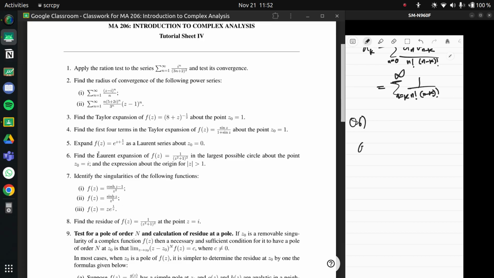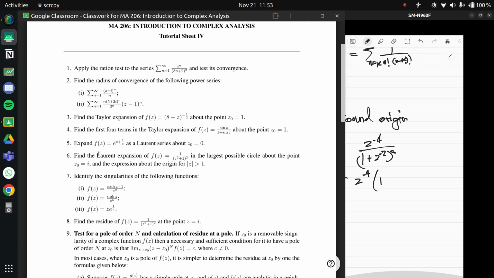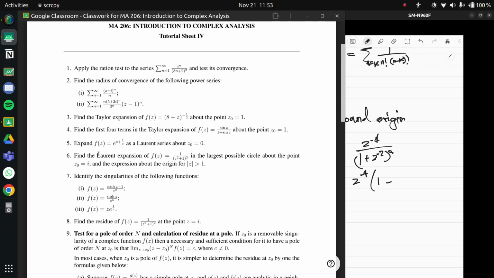Around the origin, since we just want a Laurent expansion again, we'll write f by taking the z outside, so it becomes z to the power negative 4 upon 1 plus z to the power negative 2, squared. We know how to do this. z to the power negative 4, and then 1, then minus 2, so it's negative 2 z to the power negative 2. That makes sense.